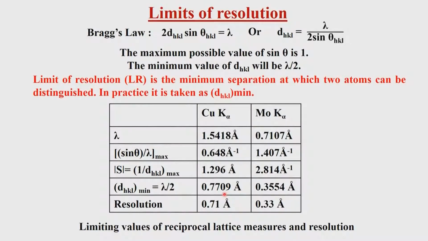But there are other limitations, because copper gives higher intensities. The intensities which we get from the copper diffraction are much higher, therefore the measurements become more and more reliable than the measurements we can get from molybdenum at this resolution.